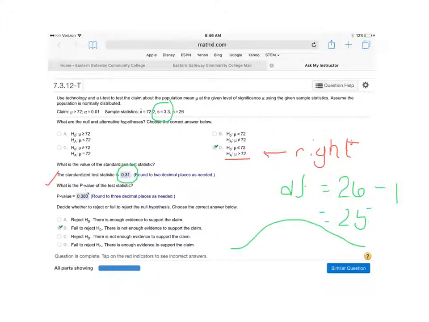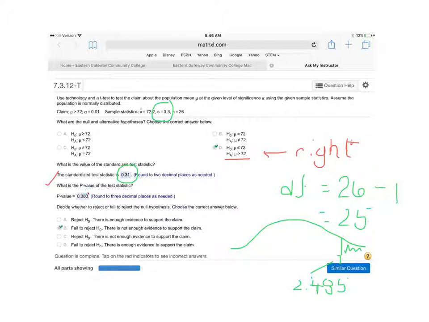The t distribution looks like the normal curve in that it's very bell-shaped, but it's typically flatter in the middle and fatter in the tails, especially with smaller degrees of freedom. But what we've identified is that with a significance level of 0.01, in the t distribution with 25 degrees of freedom, you would have to go out 2.485 standard deviations from the center of that distribution to get 1% out beyond it.